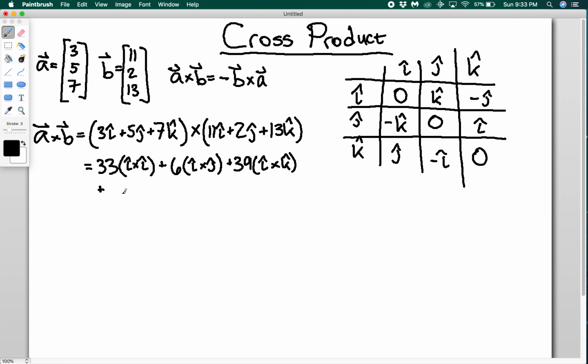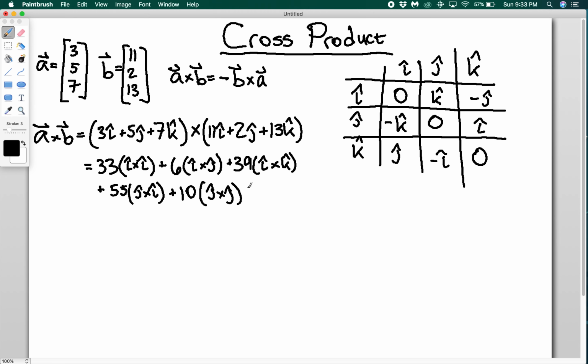So I'm going to have plus 55. Oh man, foiling out these long things, it's not fun. We're going to talk about a shorter way to do it momentarily. So this is j hat cross i hat. Just want to show you, you can always revert to this method as well. 5 times 2 is going to be 10 j hat cross j hat.